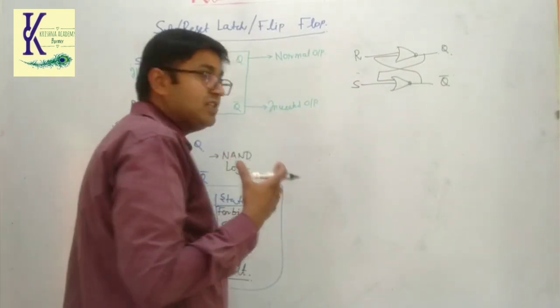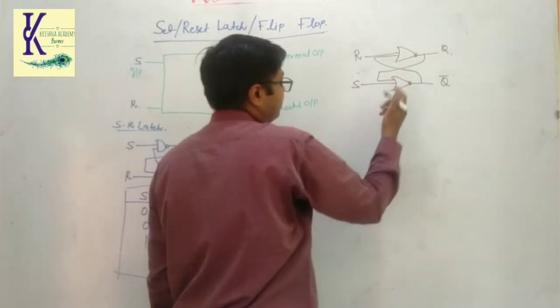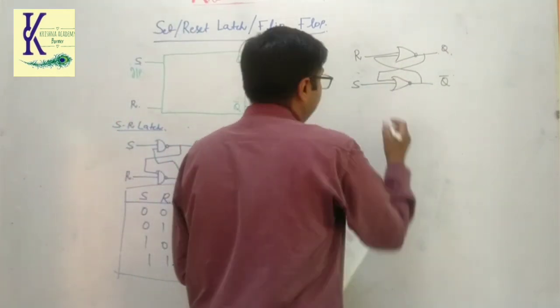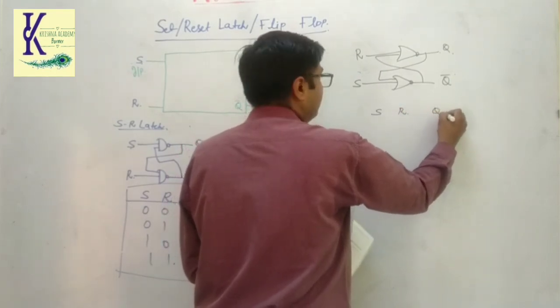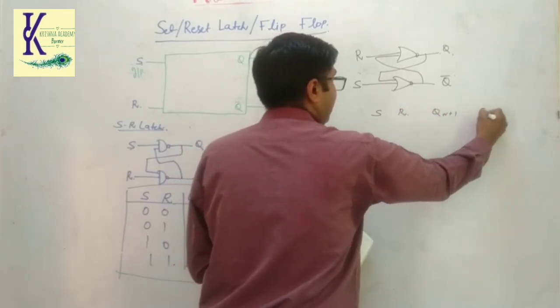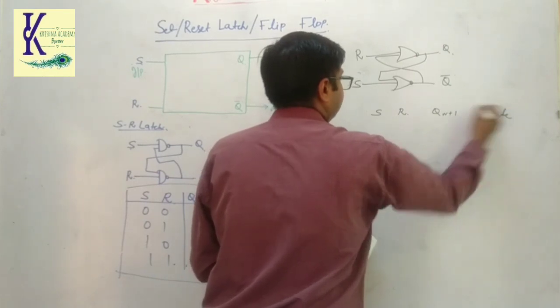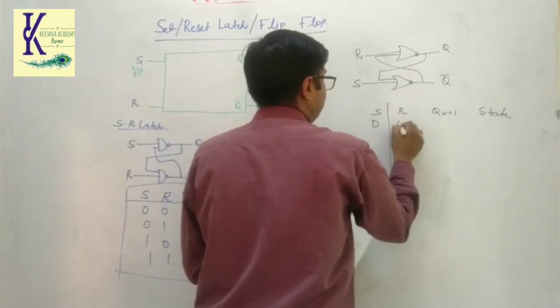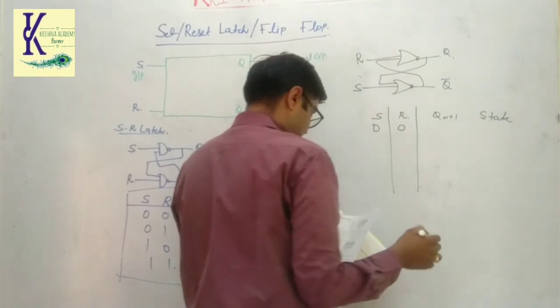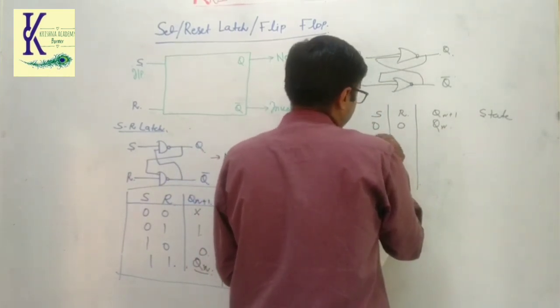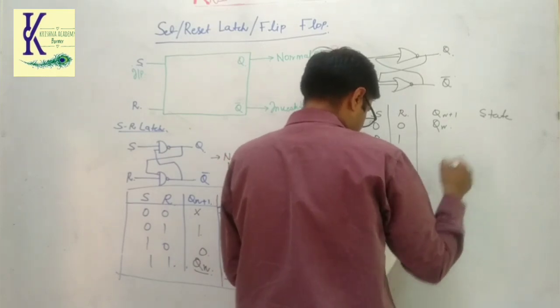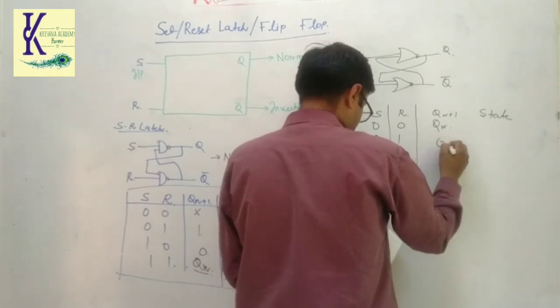Now the condition will be like this. The condition will be S, R, Qn plus 1 and state. Both are 0, it is Qn. 0, 1, it is 0.